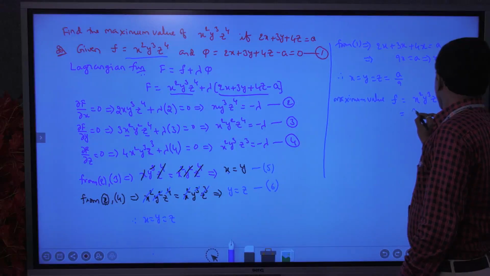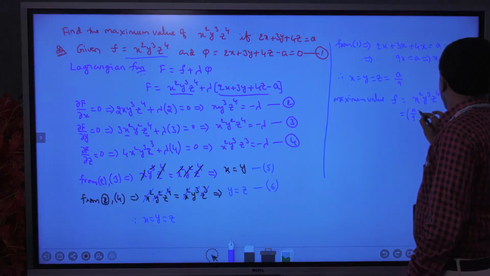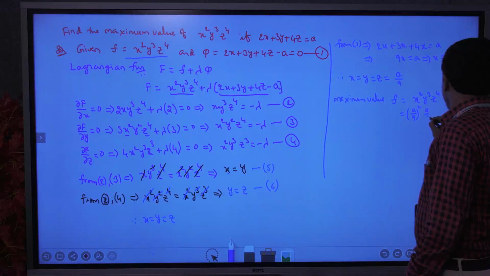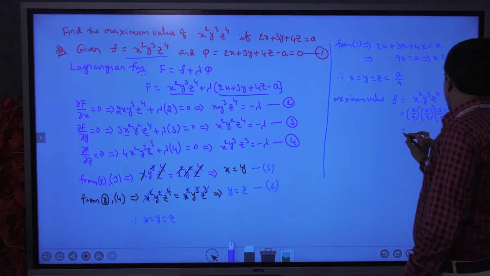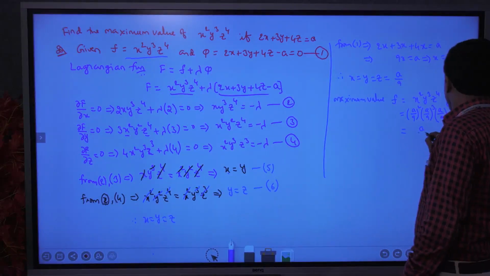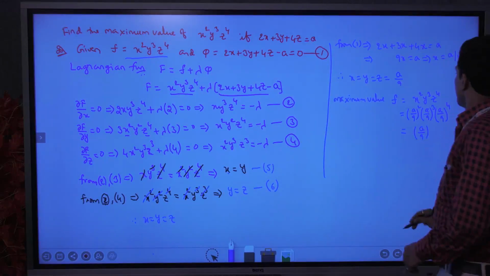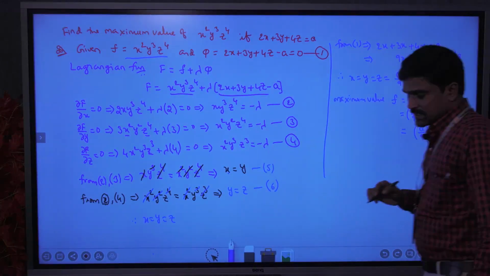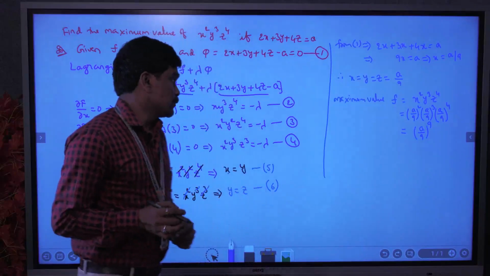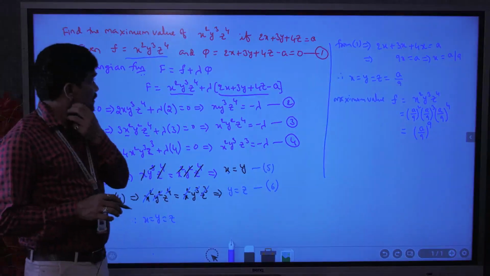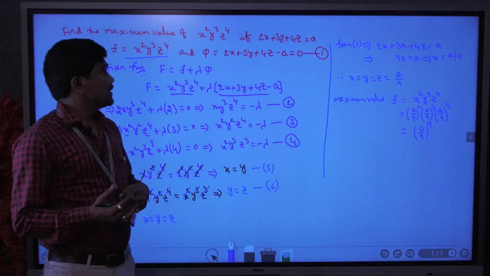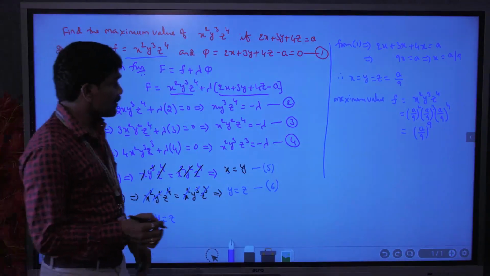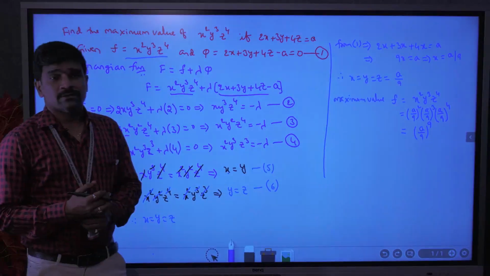Now write a by 9 whole square, a by 9 whole cube, a by 9 power 4. So finally we get a by 9 power 9. This is the maximum value. In this way we have to find the maximum and minimum value for every function. Thank you.